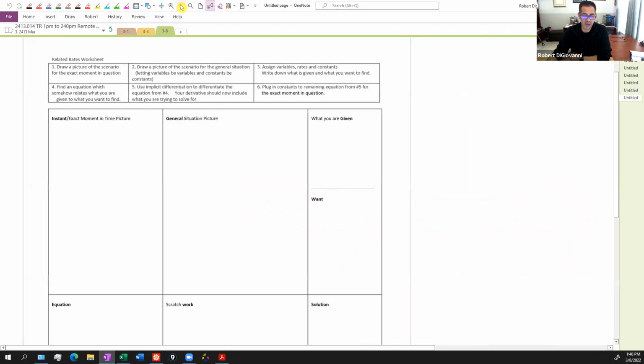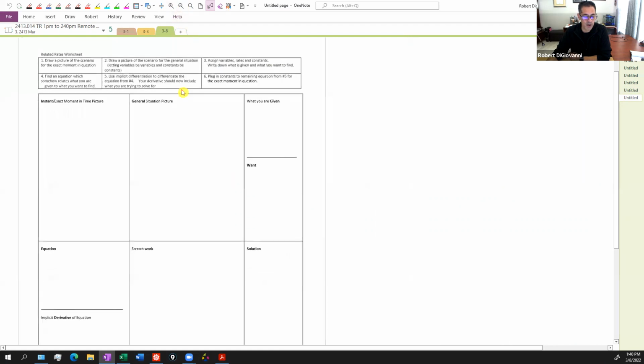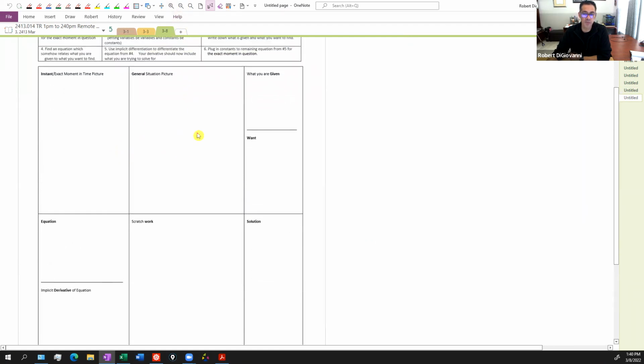It's a summary worksheet that helps you work through the word problems for the section we're about to do. I think it's useful. You'll see how I use it as I work through some problems. So just be aware that it's there. When I bring it up, you'll know what I'm talking about.